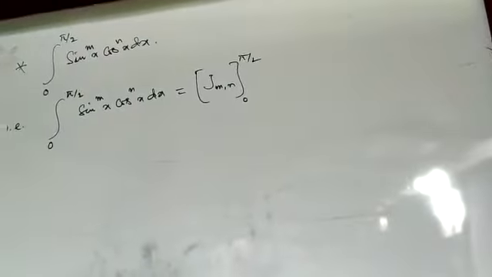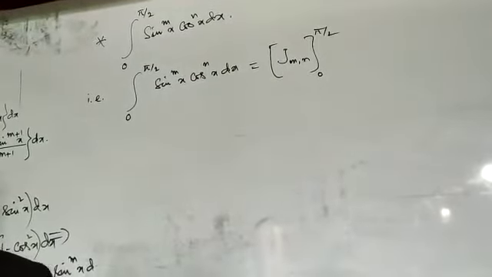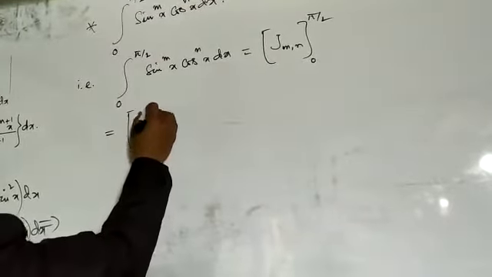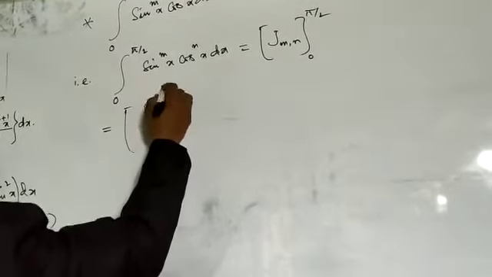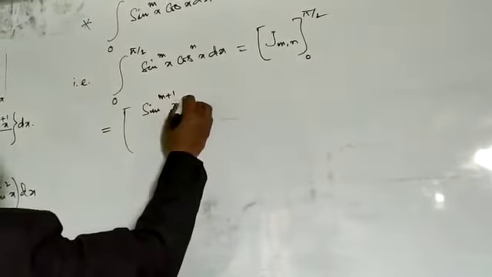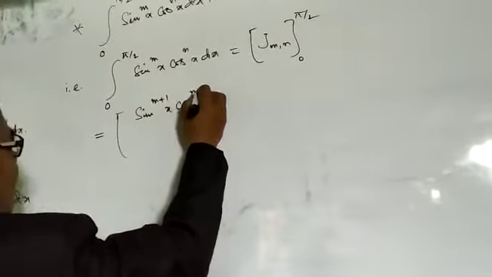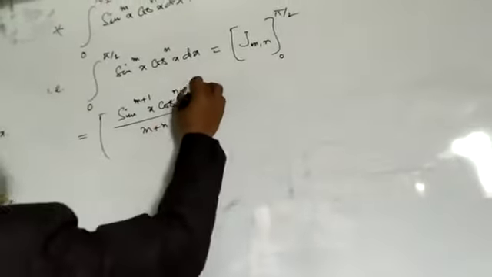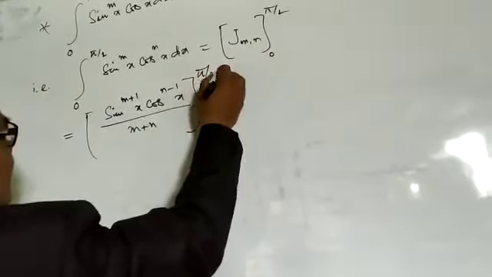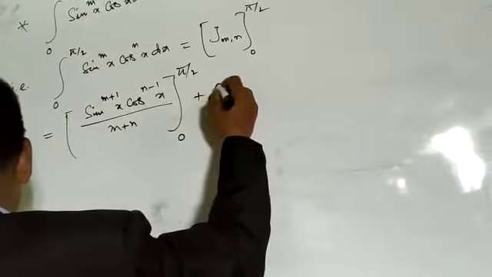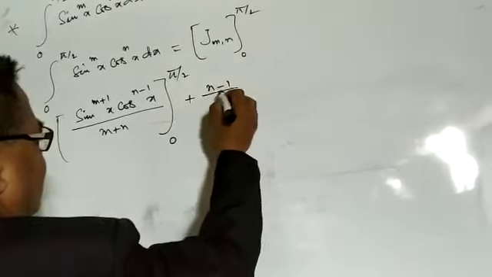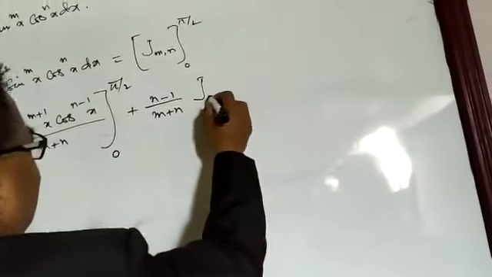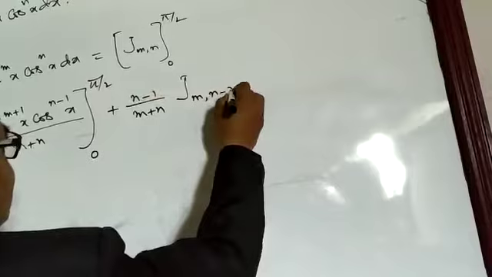Is it okay? After this, what we know, the reduction of this will be, it is very simple, that sine of m plus 1 cos of divided by m plus n, this one 0 to pi by 2, and then plus n minus 1 divided by m plus n, and then this is j of m comma n minus 2.